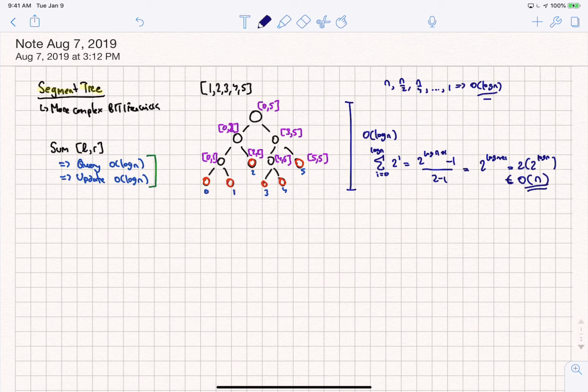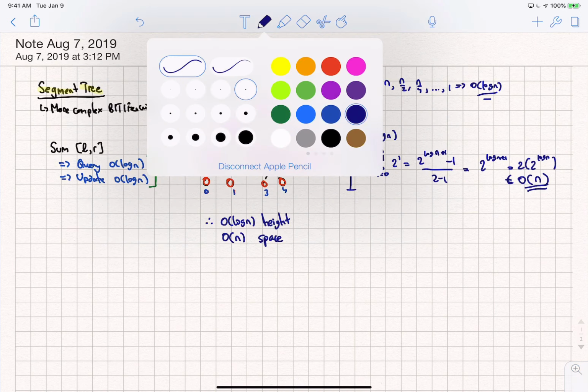Okay, so we got, therefore, O of log n height and O of n space. So these are properties right now.